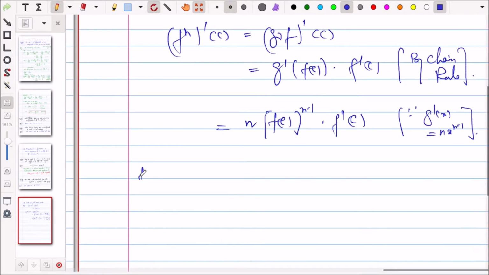So hence f n dash c is equal to n f c to the power n minus 1 into f dash c.